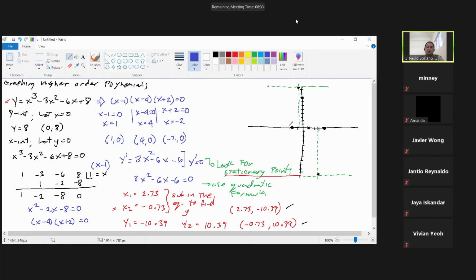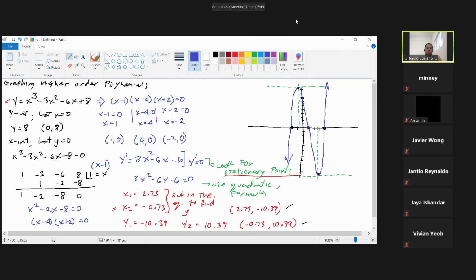I'm guessing since that's a turning point, it will need to go up, touch this point, turn, cross the y-axis, touch this point, and then continue going down, reach this turning point again over here, and then go back up. Since it's a cubic function, it continues on. So this is the most accurate graph that you can draw with the help of the first derivative test.